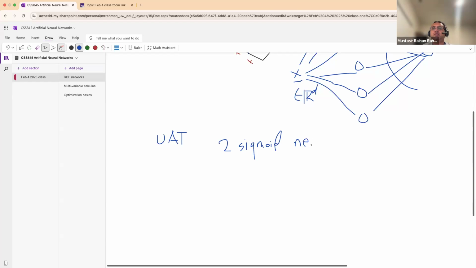If you don't understand anything I'm writing, just let me know. I need two sigmoid neurons that would simulate a pulse like this, right?